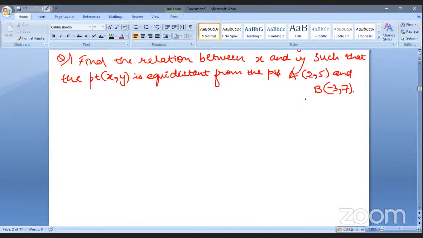Find a relation between x and y if this point is equidistant from the points A and B.